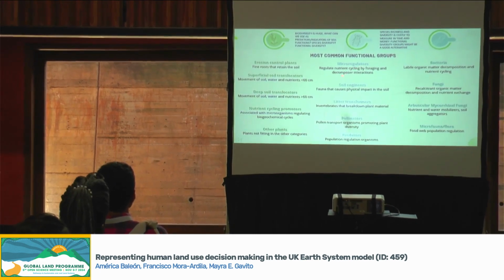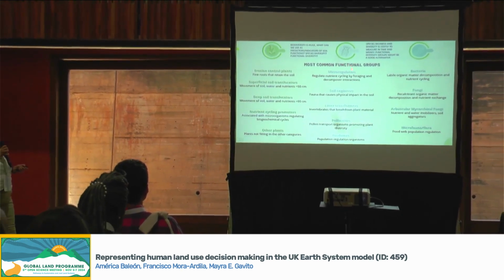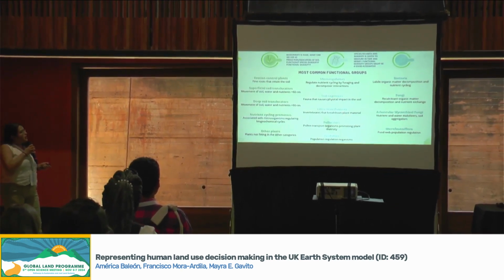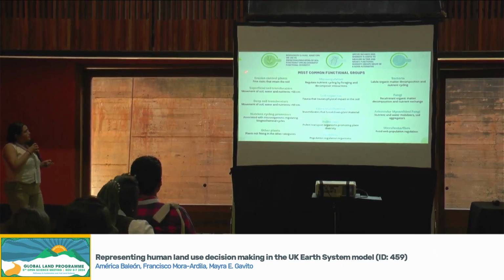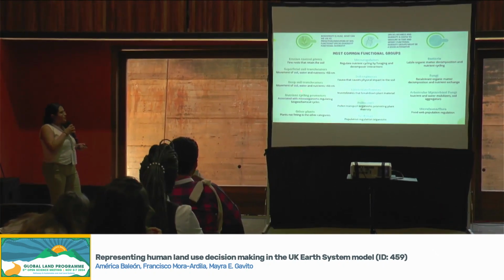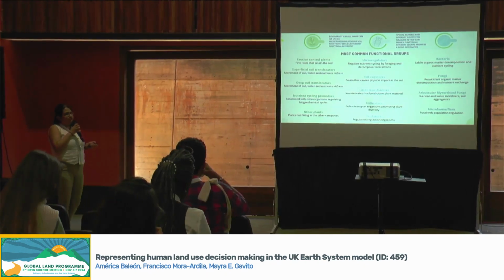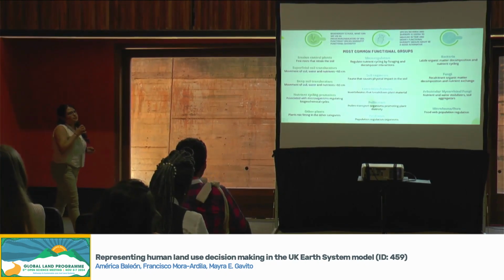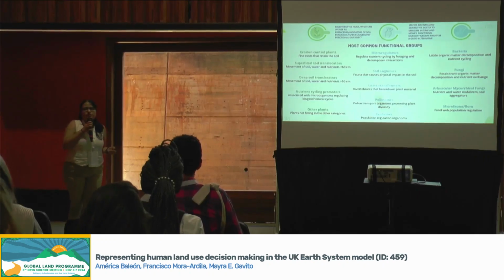So you can see here some of the most common functional groups. Here I present some of the plant groups, and you will see here some groups that are not usually recognized because these are functions that the plants do to the soil.